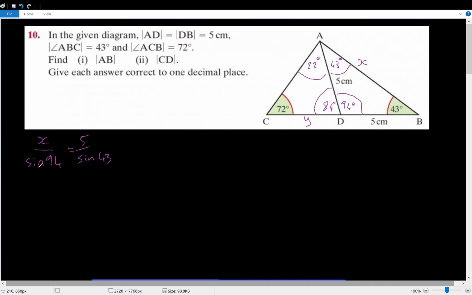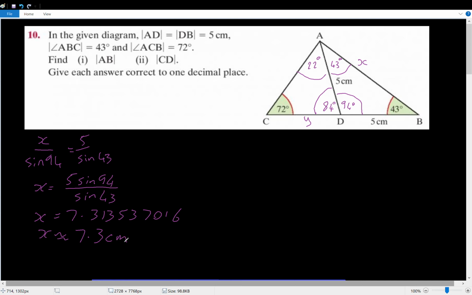Then we move the divide by sine 94 over, so we get X equals 5 times the sine of 94 all over the sine of 43, which means X is going to be equal to 7.313537016. But we're asked to give that correct to one decimal place, so X is approximately equal to 7.3 centimeters. So that's the length of the line AB.